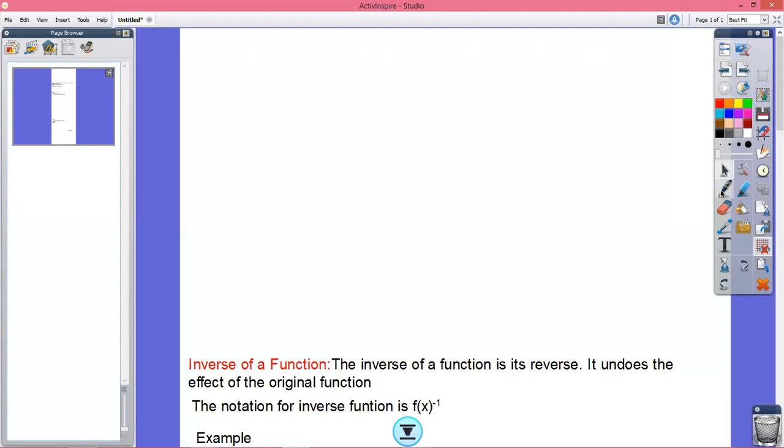Remember yesterday we found a function. It was y is equal to 30 multiplied by x. The x was the number of apples and the y was the total cost of the apples.